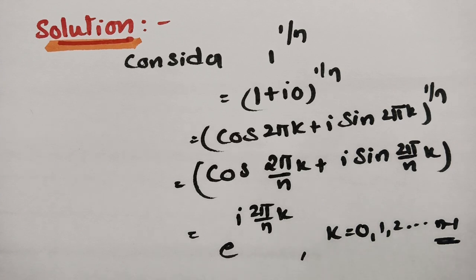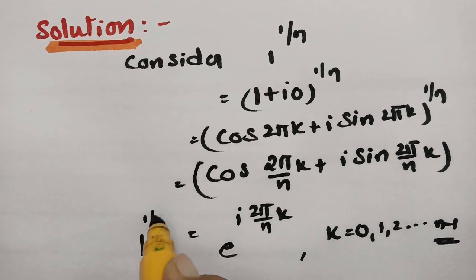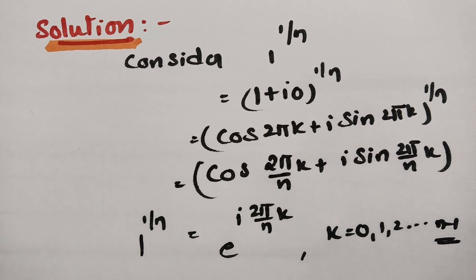So this is nothing but the nth root of unity. See here, nth root of unity. If you raise it to the power n, you should get unity. If you shift this 1 by n to that side, this will be unity as an answer.